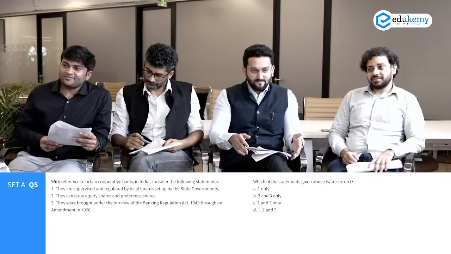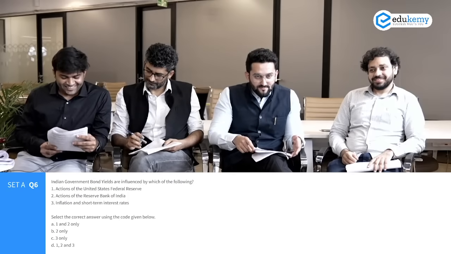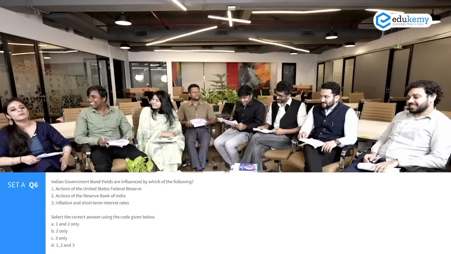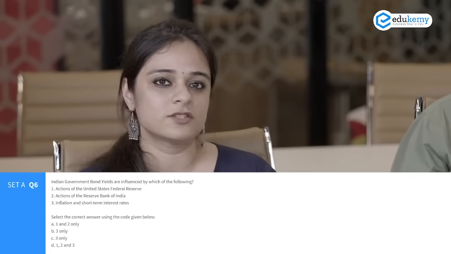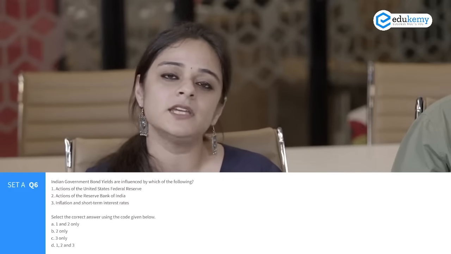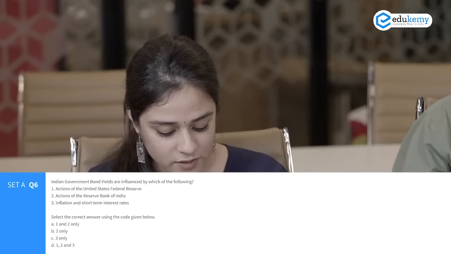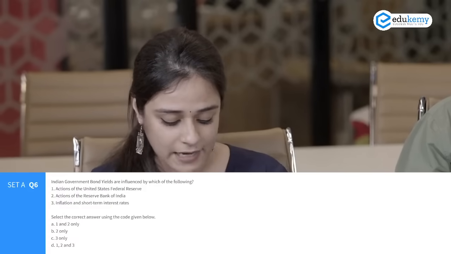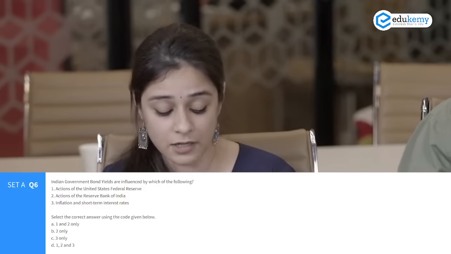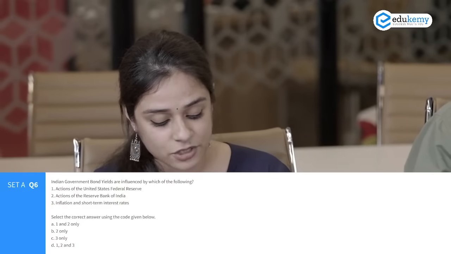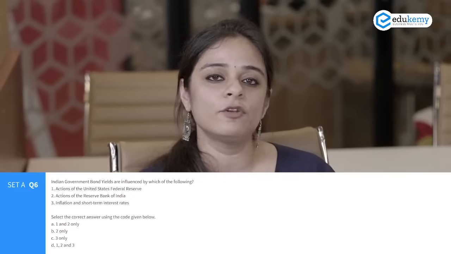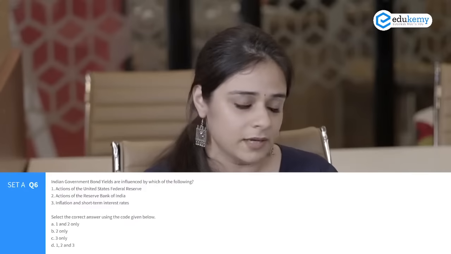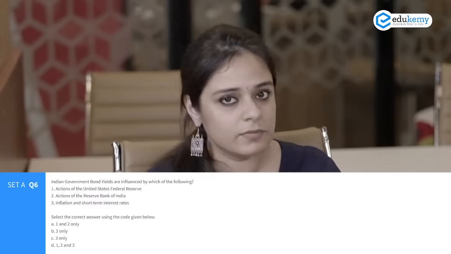Now the bond yield question, this is your favorite area, Nanki. Talking about bond yields, there is always a relationship between the price of the bonds and the yields of the bonds. The moment the price increases, the yield decreases. The question asks which of the following have an effect on government bond yields. The first says the action of the United States Federal Reserve, as it determines the inflow and outflow of money in the economy, and it changes the bond yields.